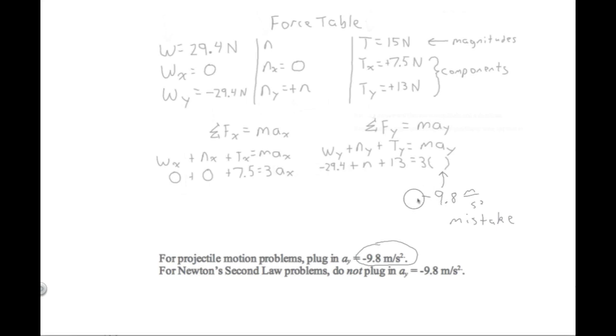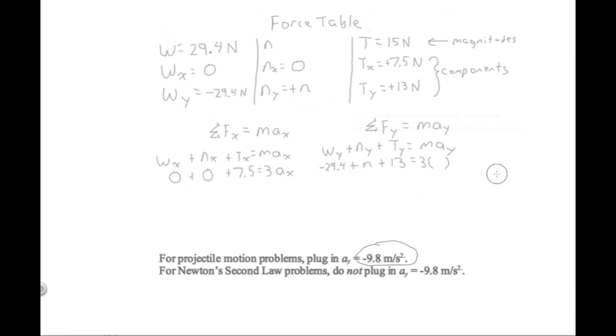This substitution would be a mistake for a Newton's second law problem. And of course, you would almost never see a situation where you would plug in negative 9.8 meters per second squared for a sub x in any type of problem. So keep in mind this important difference between how we handle projectile motion problems and how we handle Newton's second law problems.